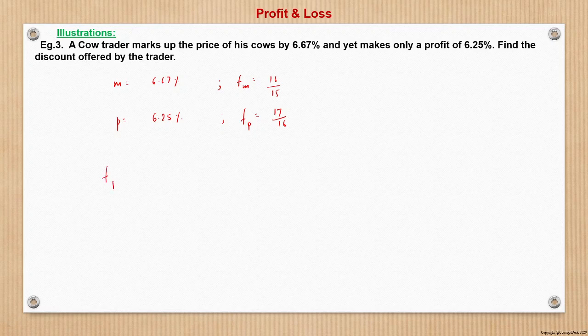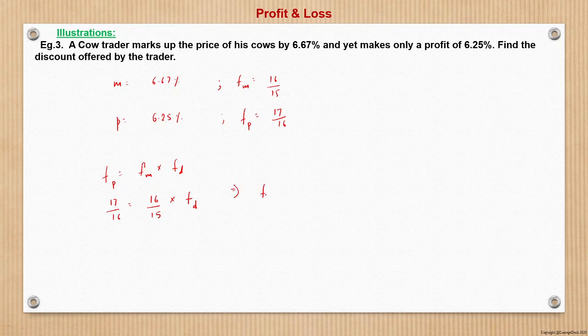And we know that Fp is equal to Fm into Fd. Fp is 17 by 16, Fm is 16 by 15, and Fd we have to find, right?